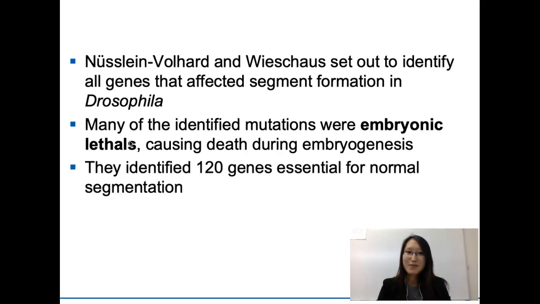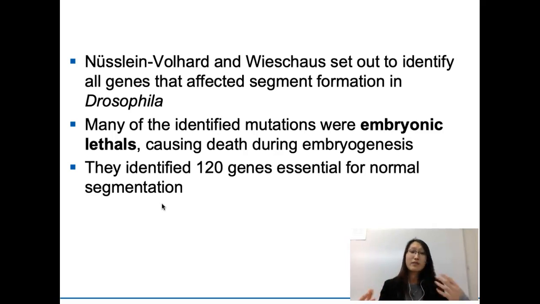Oh wait, I completely messed up the numbers. It's 120, not 1300. I'm sorry. So it's 120 genes that they found that are essential for the normal segmentation, right? But if you think about it, out of all those genes, being able to identify specifically 120 genes, that takes a lot of work. And you might say, why does this help us at all, right?